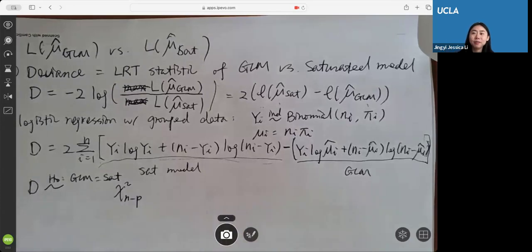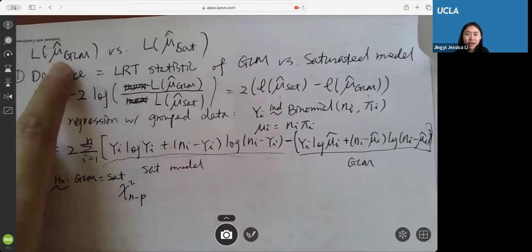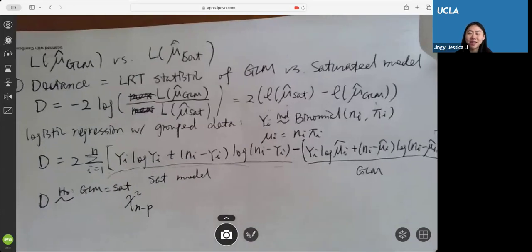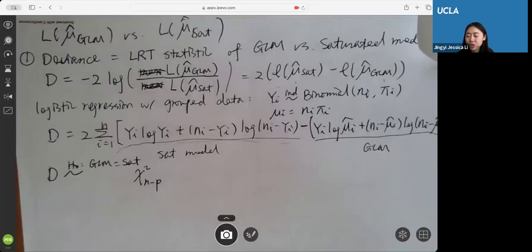So this deviance approach only works for logistic regression with group data. In that case, your saturated model's mu i hat estimate can be well defined between 0 and 1. That's it. This is one approach to assess this.